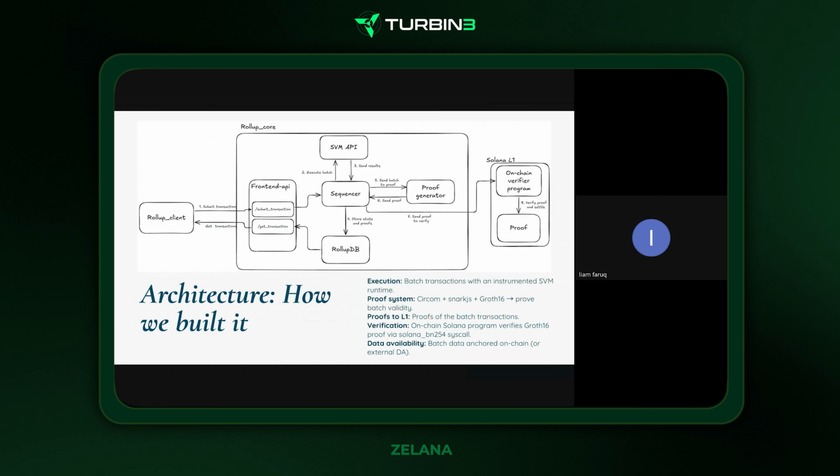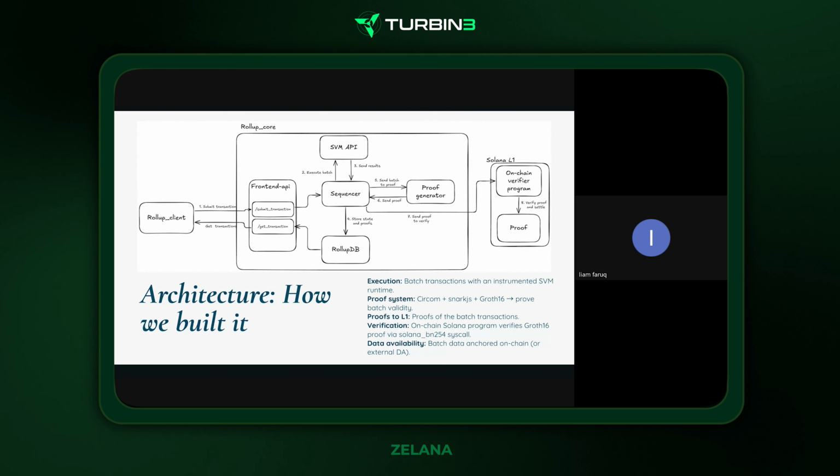So this is the architecture. You could think of this as 3 core components. We have a rollup client, which could be connected to a front end, and then we have an API layer that's used to submit transactions and get transactions.